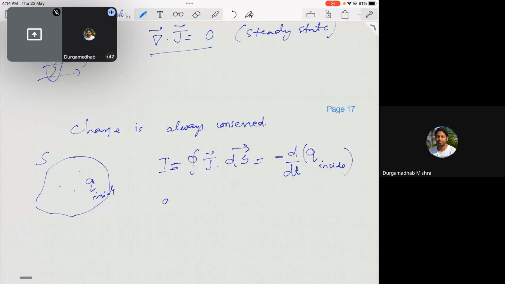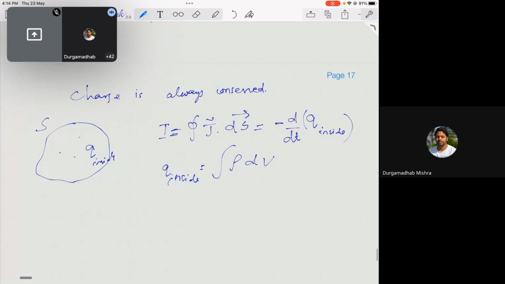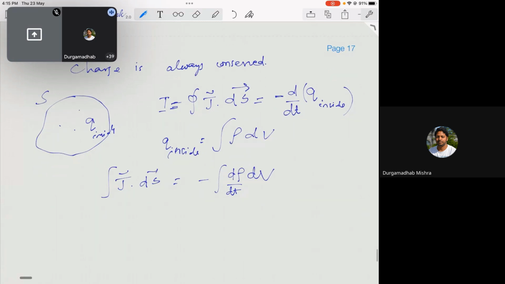But this total charge Q inside depends on the charge density. So we can write the integral of J dot dS to be equal to minus d rho by dt.